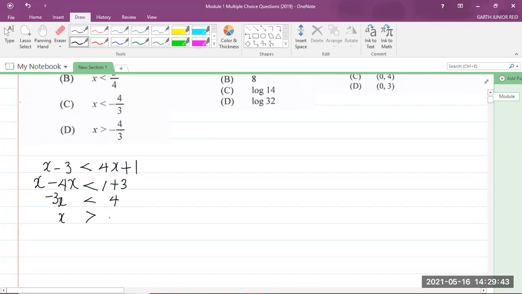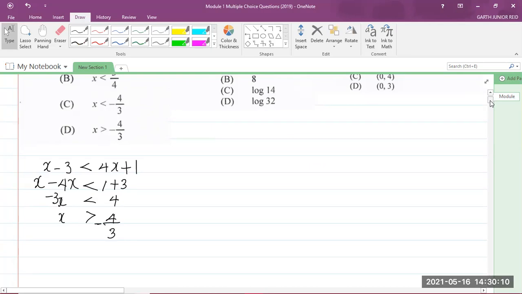That will be greater than 4 divided by negative 3. In mathematics, we don't like to leave negatives in the denominator, so you can put it in the numerator or to the side. I'm going to put it to the side. So our answer is x is greater than negative 4 divided by 3.